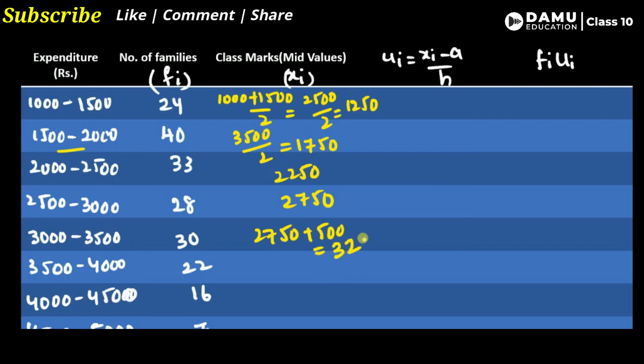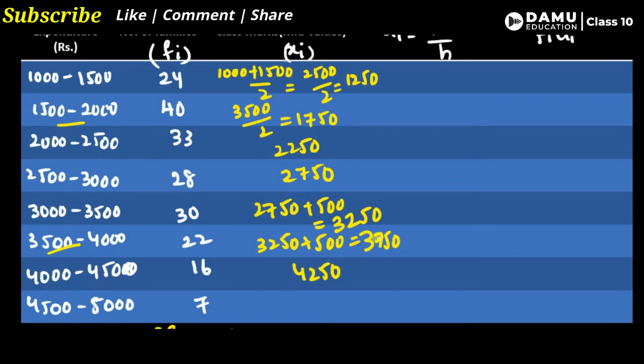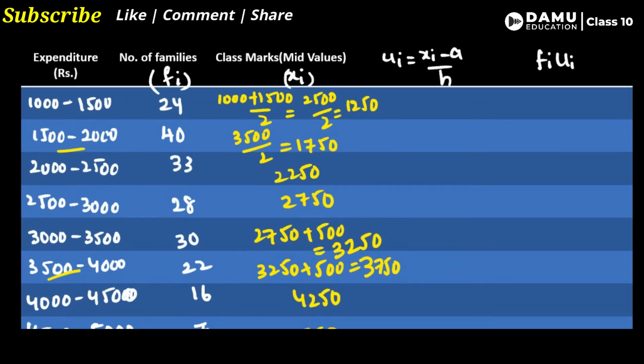Then 3250 plus 500 is 3750, then 3750 plus 500 is 4250, then 4250 plus 500 is 4750. So these are the middle values we need to calculate.